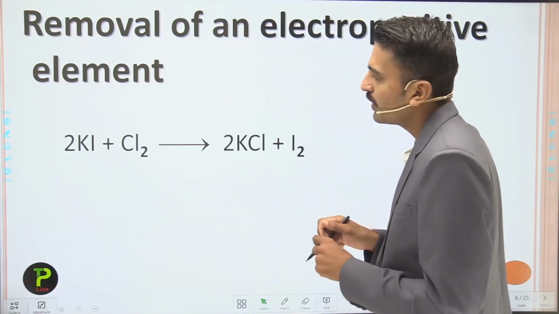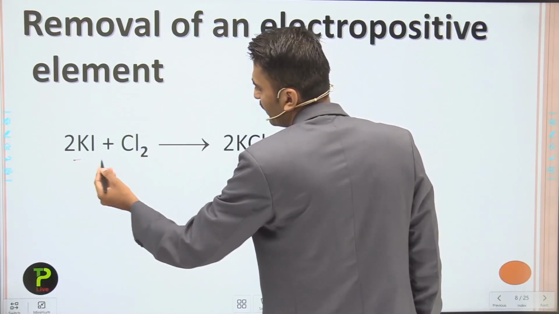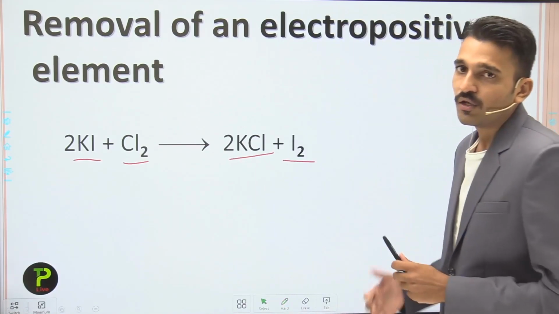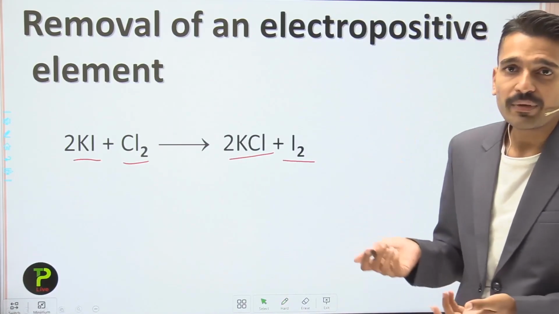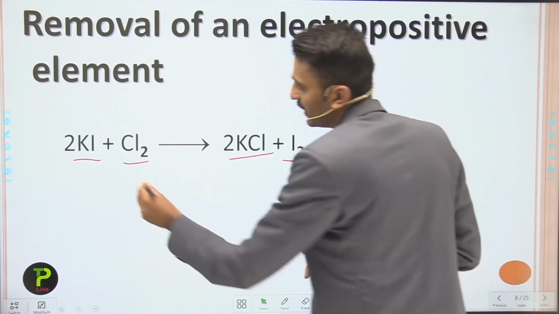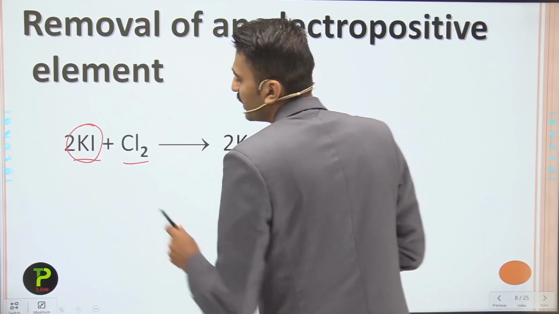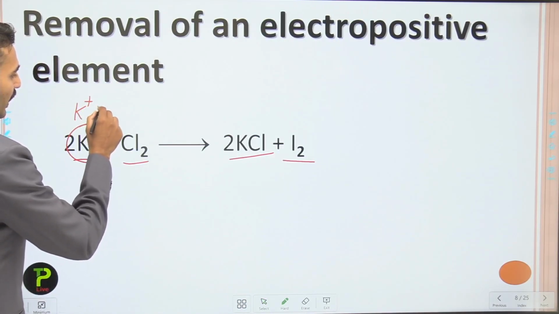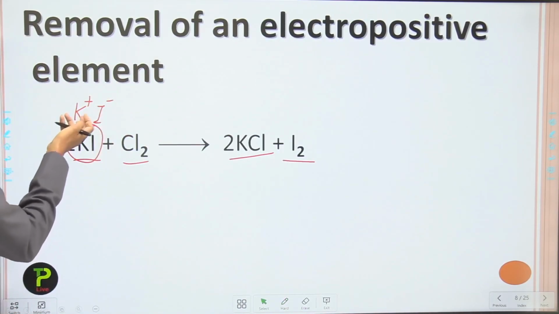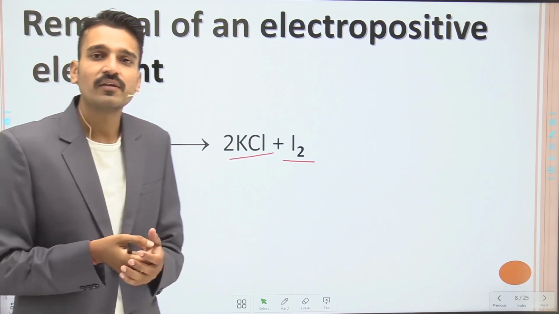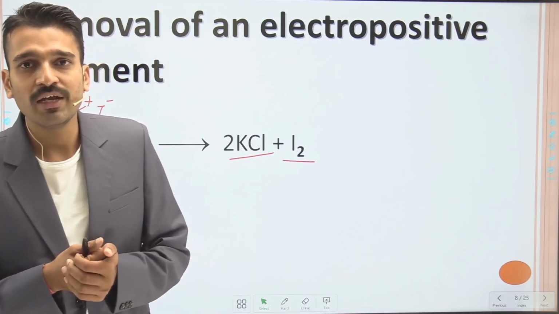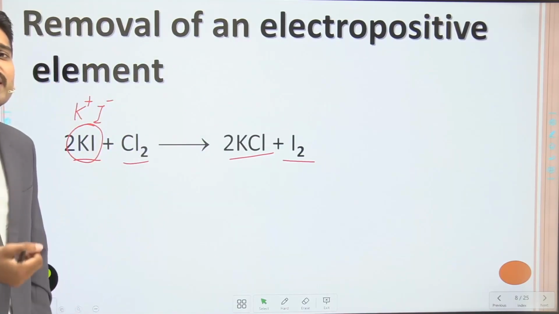So here you see that when potassium iodide reacts with chlorine, it forms potassium chloride plus iodine. So what is happening here? Potassium iodide is formed from the K plus cation and the I minus anion. K plus is a cation. Potassium is electropositive in nature and iodine is electronegative in nature.